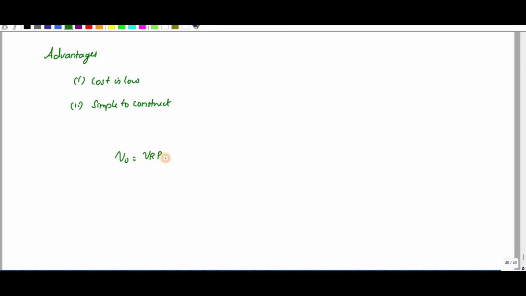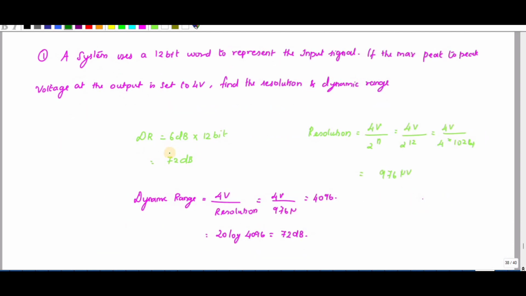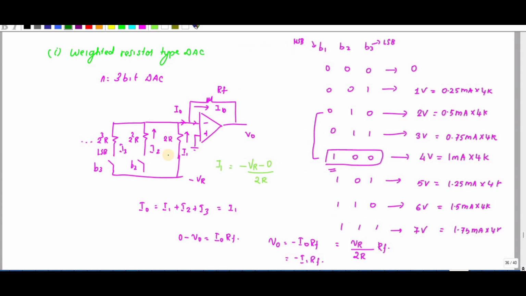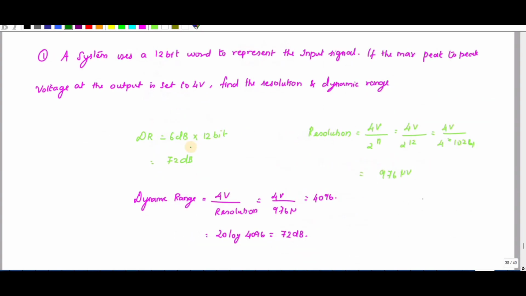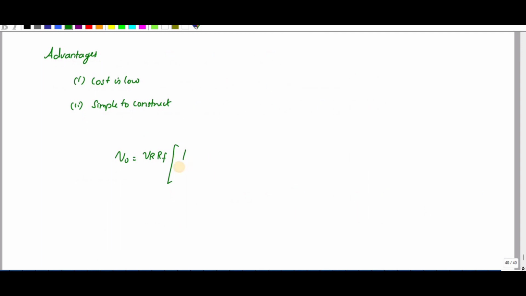So I can write the overall output voltage V0 as equal to VR into RF, that is into 1 by 2R B1 plus 1 by 2 power 2 R B2 plus 1 by 2 power 3 R B3 plus up to Bn by 2 power n R, right?